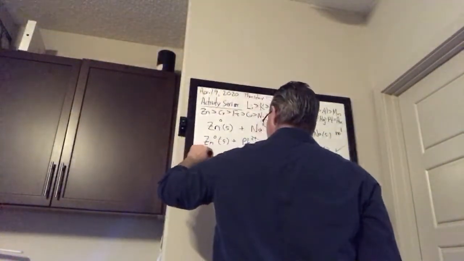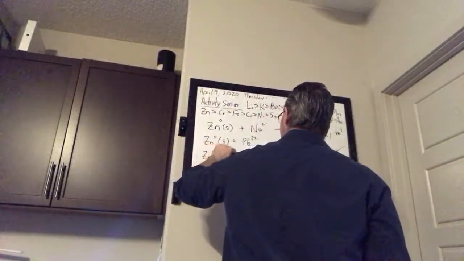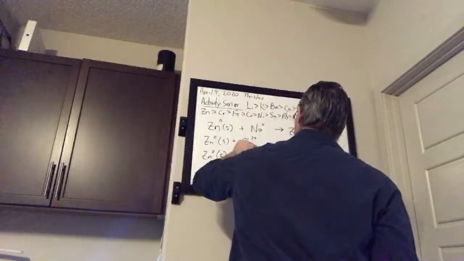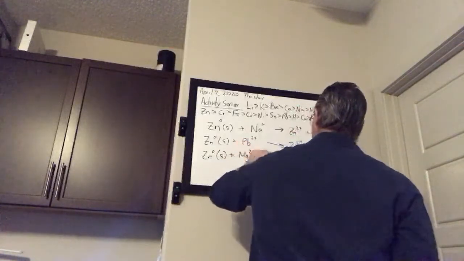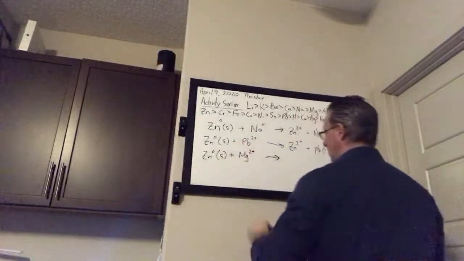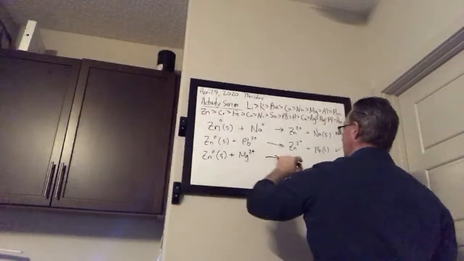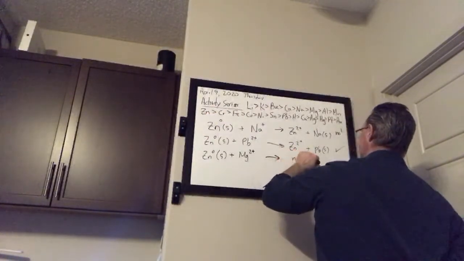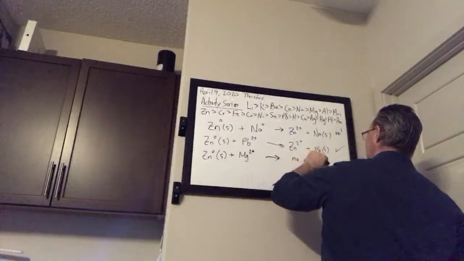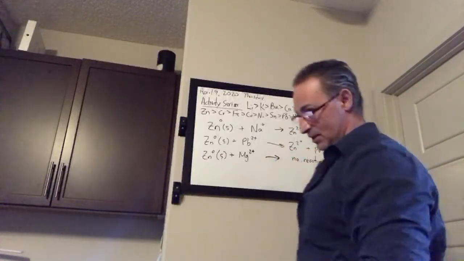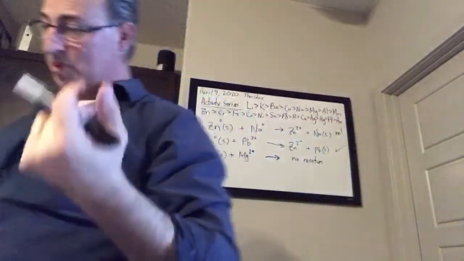I'll do one more just for fun. Magnesium. So if you have zinc in the elemental state and magnesium in its oxidized state, can this reaction take place? Well, magnesium is here and zinc is there. Zinc is lower, no reaction. Can't happen, because the opposite reaction could happen.